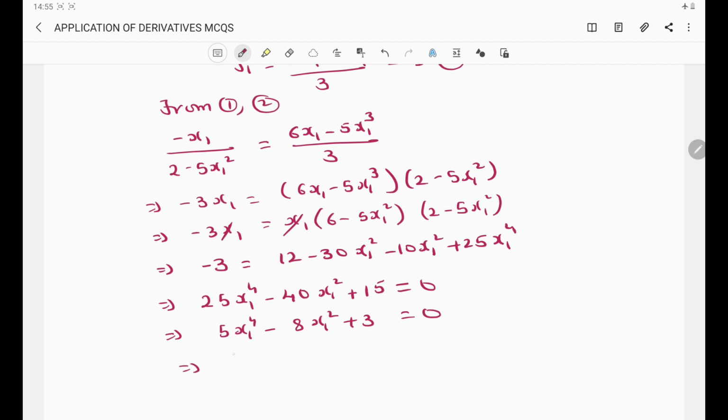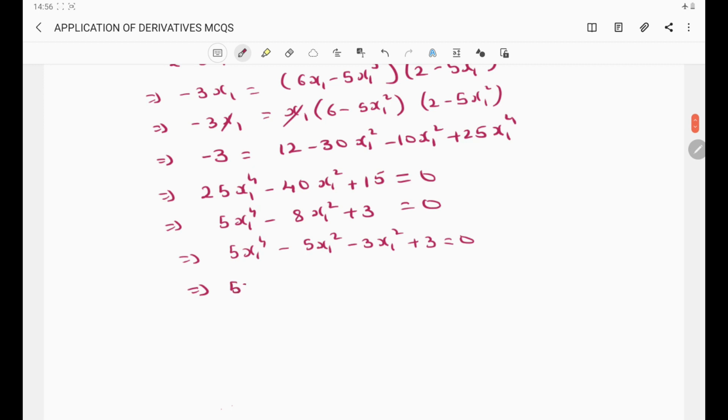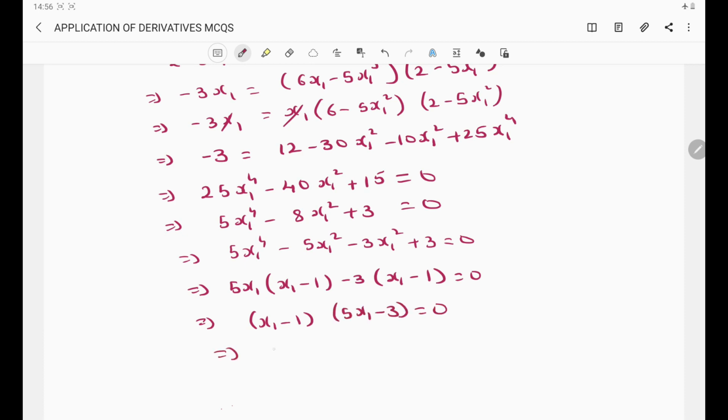So let's factorize this now. 5x1 power 4 minus 8x1 square plus 3, 5 times 3 is 15, so 5 and 3 are the factors, so we can write it as 5x1 square minus 3x1 square plus 3 is equal to 0, or taking 5x1 square common we get x1 square minus 1, and taking minus 3 common we get x1 square minus 1 equal to 0, which implies x1 square minus 1 into 5x1 square minus 3 is equal to 0, which implies x1 is equal to 1 or 3 by 5.